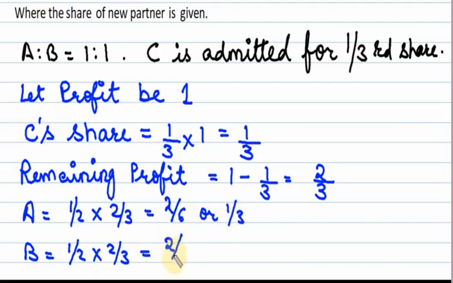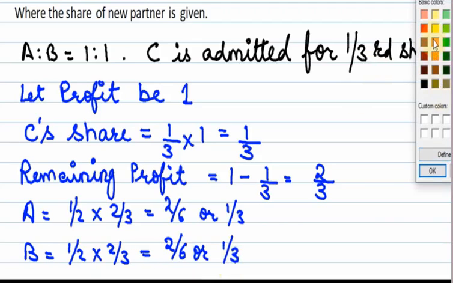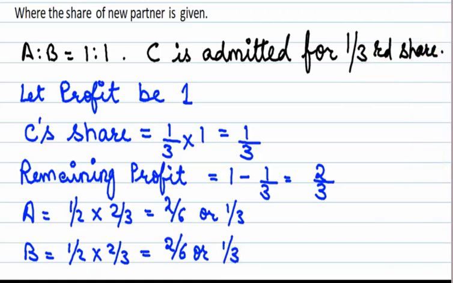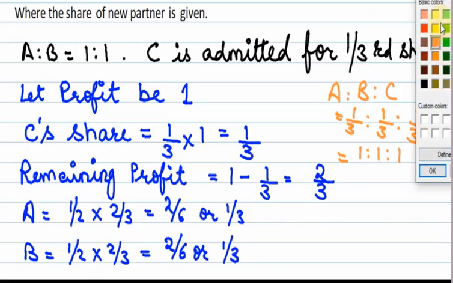B's share will also be 2/6 or you can say 1/3. So now we have the share of all three partners. So we can say that the new profit sharing ratio of A, B and C is 1/3 : 1/3 : 1/3, or they are sharing profits in the ratio of 1:1:1.